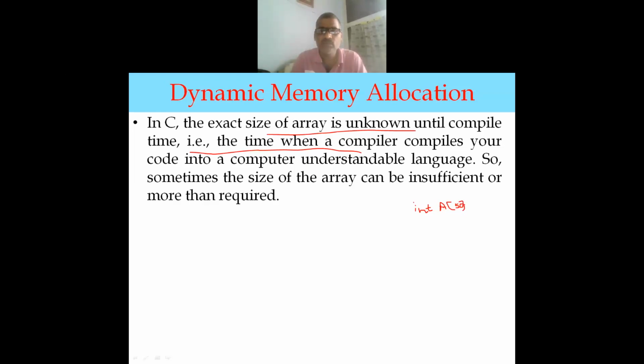So the memory for these arrays is allocated at compilation time. If we want the memory to be allocated for the array based on the n value which we input, that is, the total number of elements in the array, how do we do that?